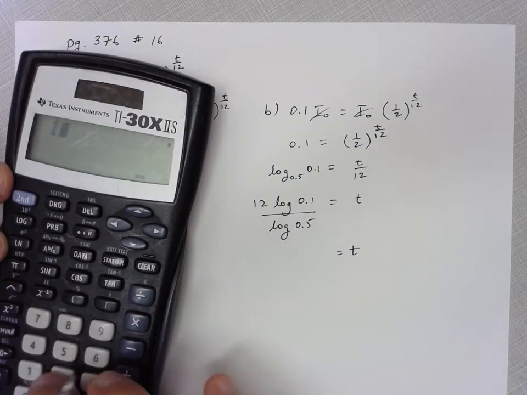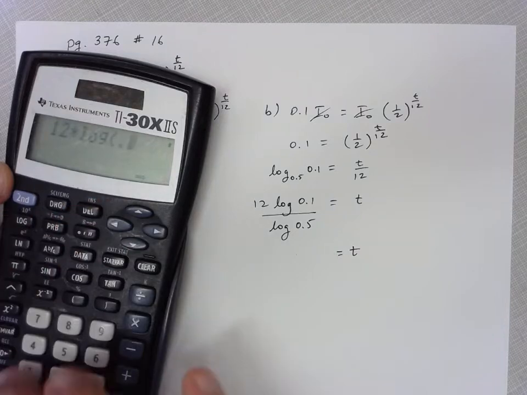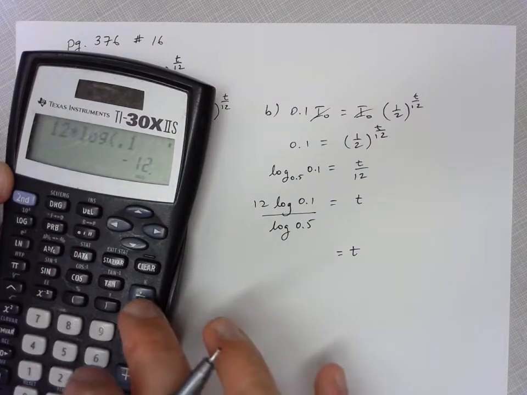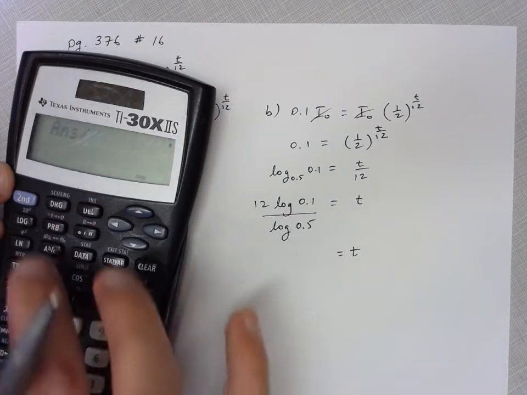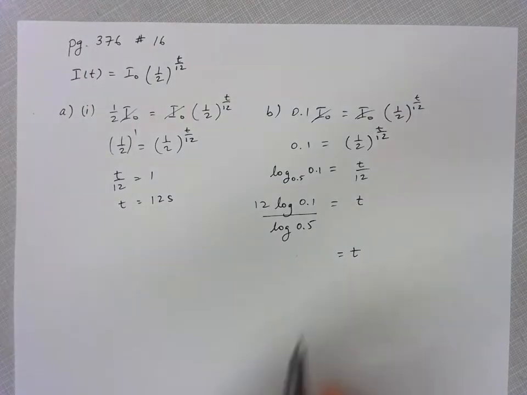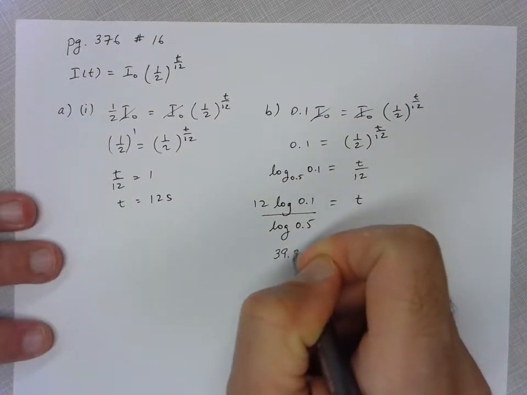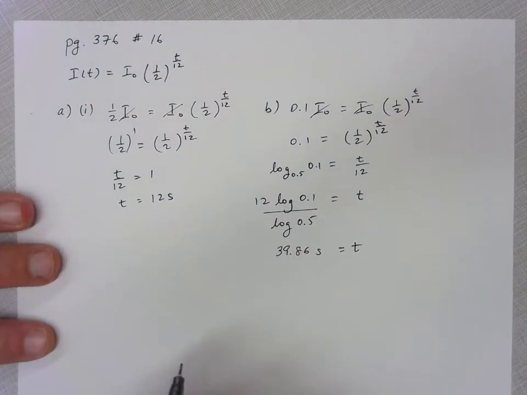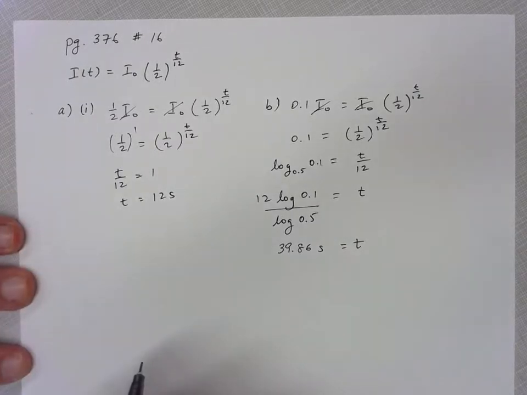We get 12 times log of 0.1, divided by log of 0.5, and it looks like we get 39.86. So 39.86 seconds is how long it takes to be left with 10% of the original intensity.